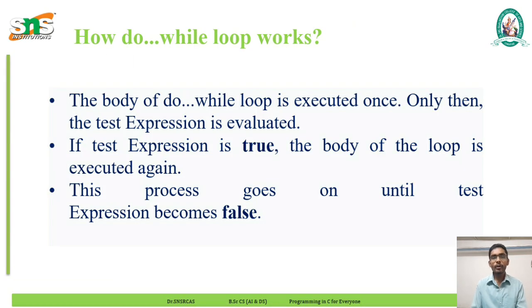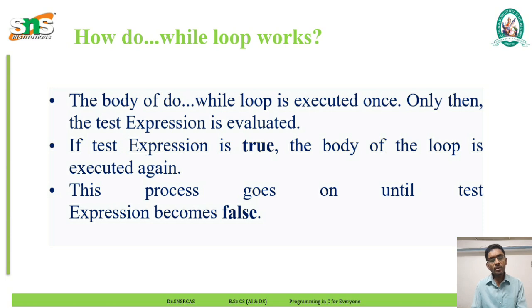Here is how the do while loop works. The body of do while loop is executed at least once, as we discussed earlier. After that only it checks the test condition expression. If the test expression is true, the body of the loop is executed, and again the test expression is evaluated once more.